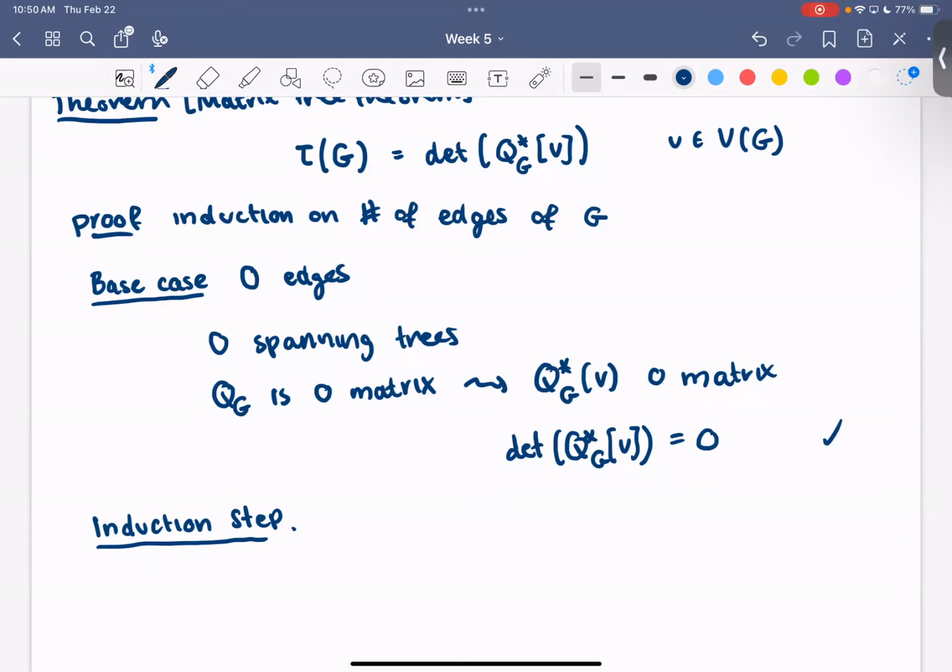So we can assume that G has at least one edge. So let E be an edge of G, and we're just gonna say that the endpoints are U and V. So E is UV.